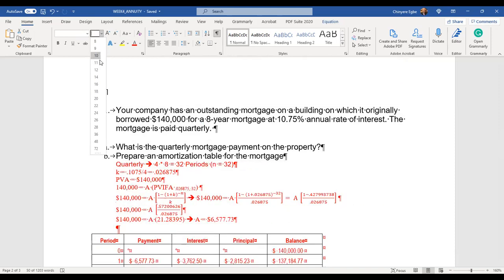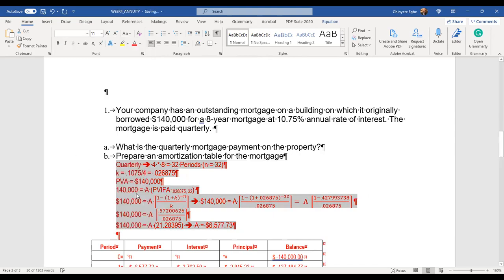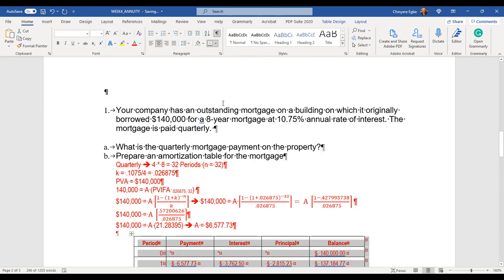You can just use the Excel facility to solve for the periodic amount. And once you get the periodic amount, then you can make a table. Doing the table is where you're going to really put in some energy.